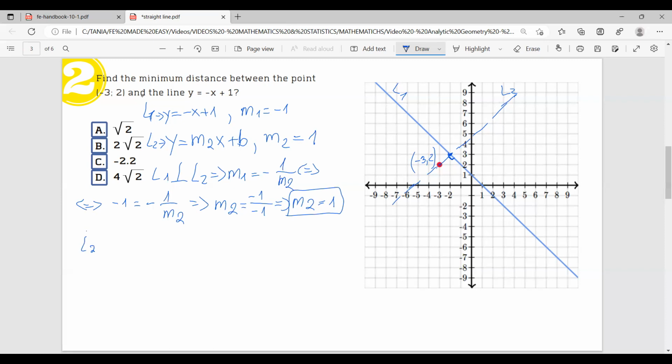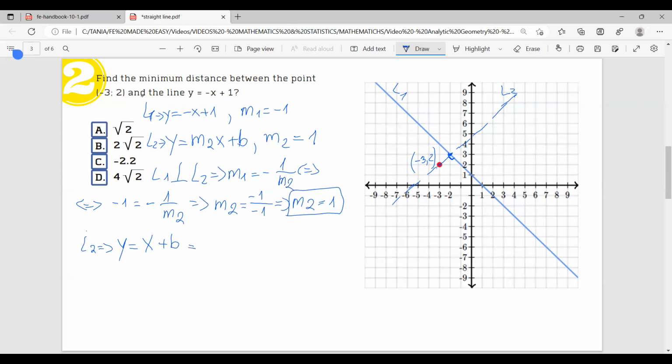So L2 is going to look like that. y equals, so m2 is 1, I'm going to just write x plus b. So let's calculate b now. How do we calculate b? We know that the second line goes through the point minus 3, 2. So this means that this point has to satisfy this equation.